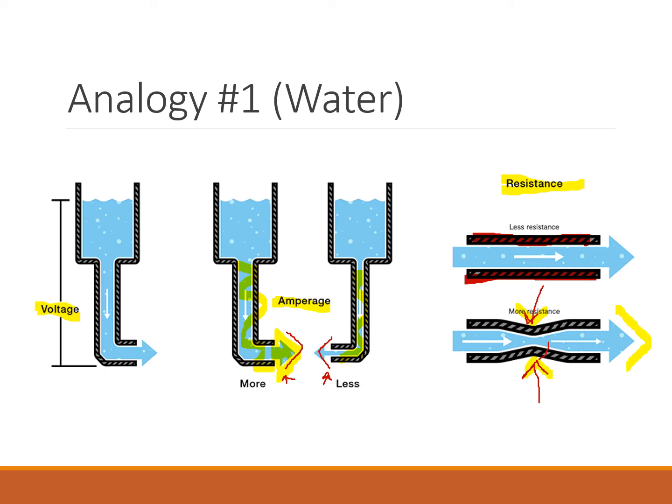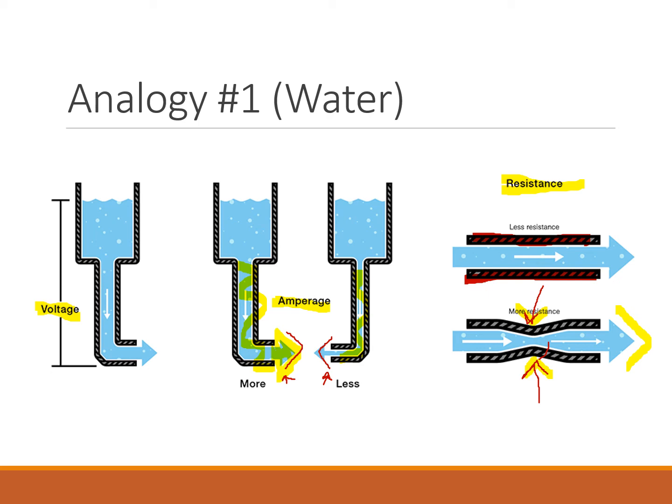And finally, our left image shows voltage. Now, I've mentioned the term potential difference or potential energy. And this is sort of a physics term that we haven't gotten the chance to talk about yet, but it basically describes the amount of stored energy that something has. And so one way of storing energy is by having it up high.